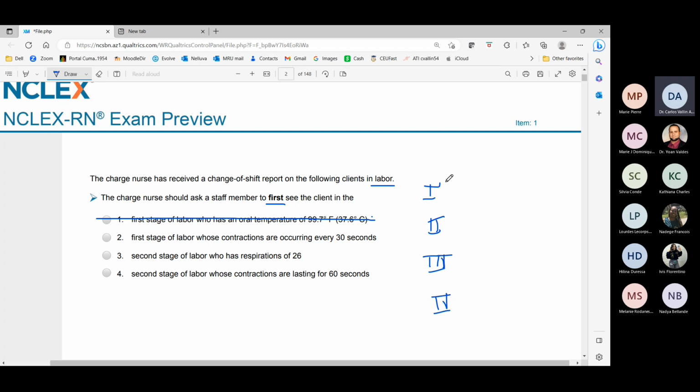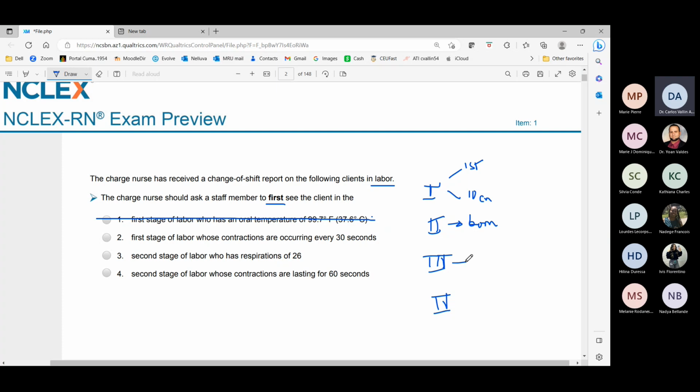Do you remember that the first stage is from the first real painful contraction, not a fake contraction, until the client reaches 10 centimeters of dilation of the cervix. The second stage, when you reach 10 centimeters, is the stage in which you give birth to the baby. The baby is born, so it comes out.